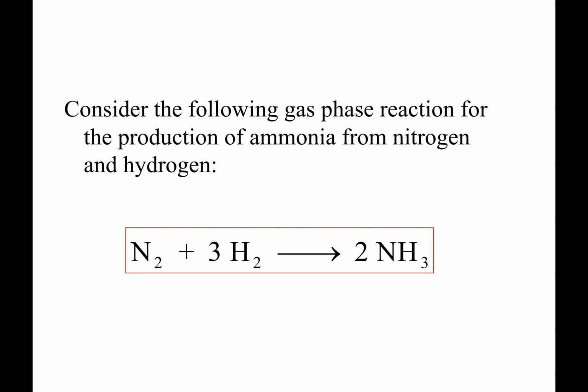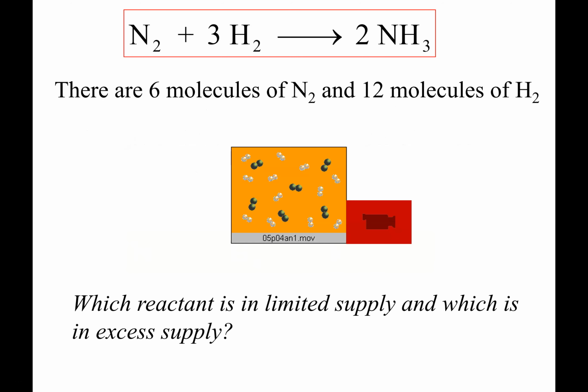Of course, it's a diatomic element, so it's N2. Hydrogen is a diatomic element, so it's H2. So when we combine those, we're going to take 1 mole of N2 to react with 3 moles of H2 to give us 2 moles of NH3. So that's balanced. We're going to take this through a limited supply stoichiometric calculation.